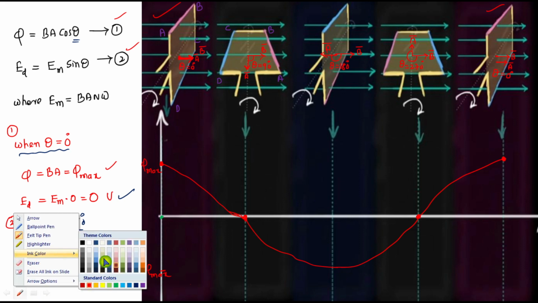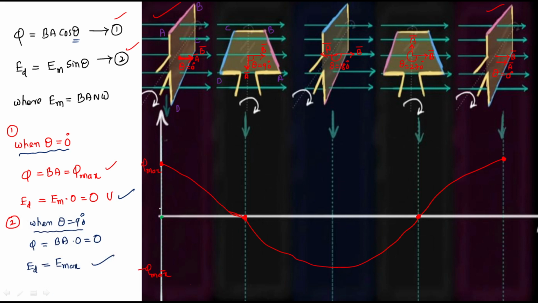When theta equals 0, EMF equals 0. When theta equals 90 degrees, we have maximum EMF. When theta equals 180, we have 0 EMF. When theta equals 270, we again have maximum in the reverse direction, then 0. Then we have to draw the graph.